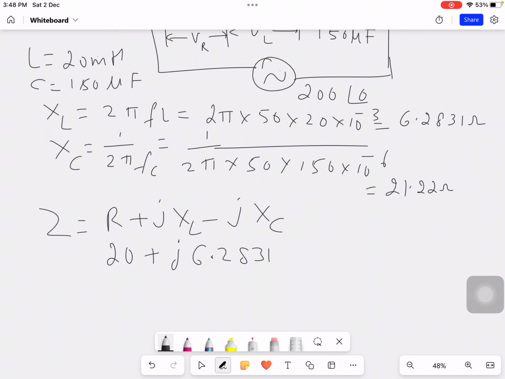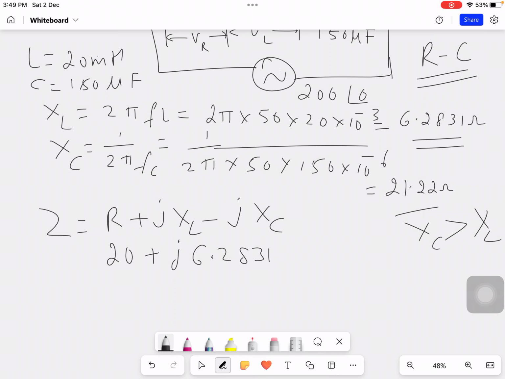6.2831. Here you can observe the values of XL and XC. Which value is more? XC is greater than XL. Then generally it behaves like an RC circuit. You can observe here XC value is greater than XL. So while writing the phasor diagram or vector diagram, you should keep it in mind.